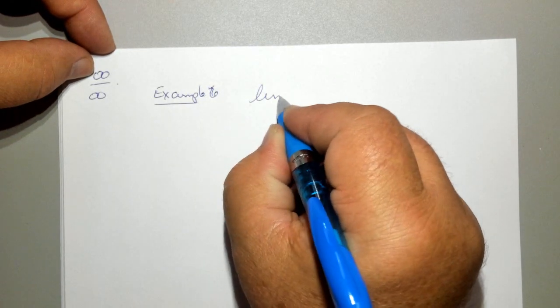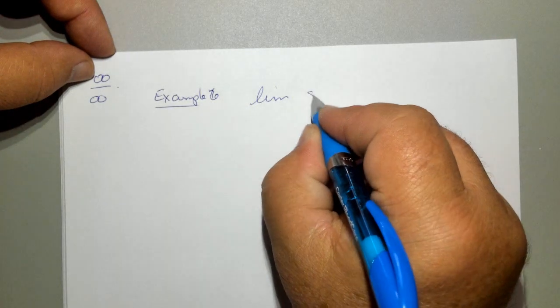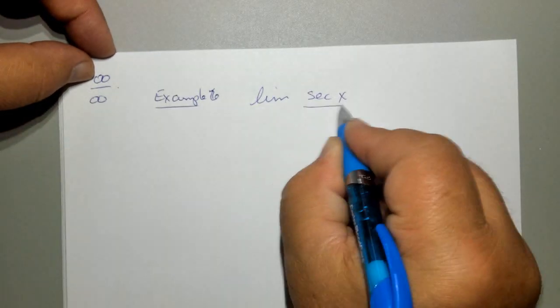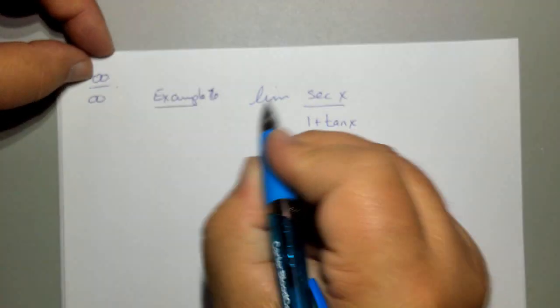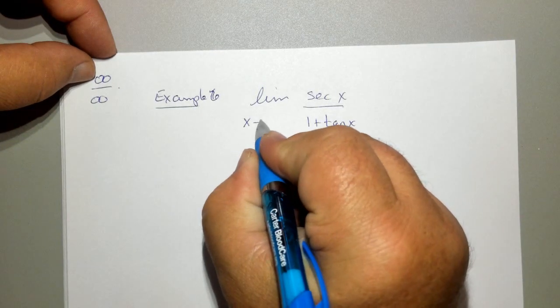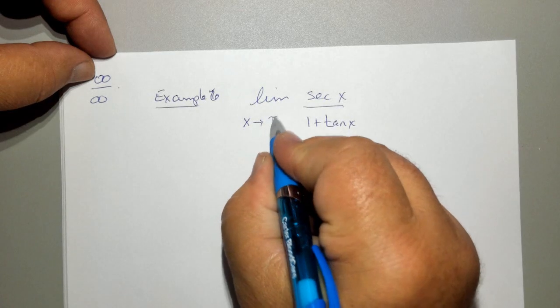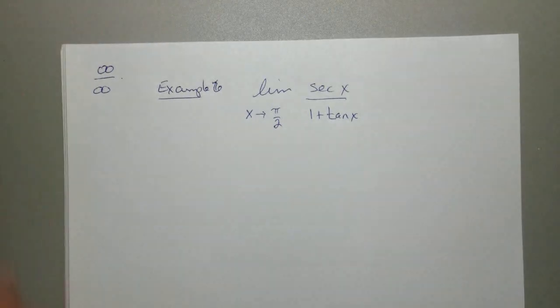We have limit of secant x over 1 plus tangent x. The point of contention is pi over 2.